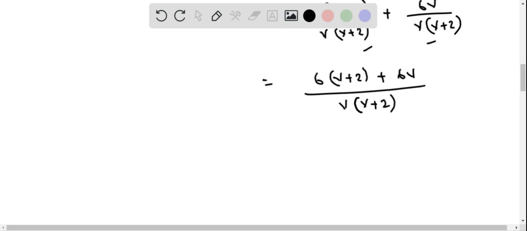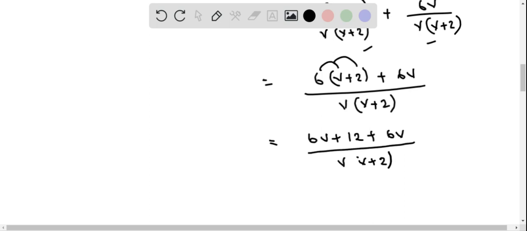Now let's put the numerator in simplified form. First, distribute: 6 times v is 6v, plus 6 times 2 is 12, plus 6v. This is divided by v times v plus 2. Now we can add the like terms: 6v plus 6v is 12v plus 12, divided by v times v plus 2.